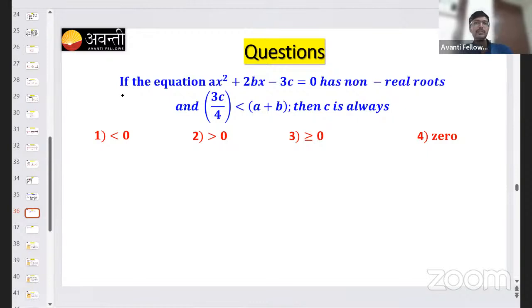If the equation has non-real roots, again non-real roots. What does it mean by non-real? Same. क्या? Discriminant will be less than 0. That means discriminant is less than 0.